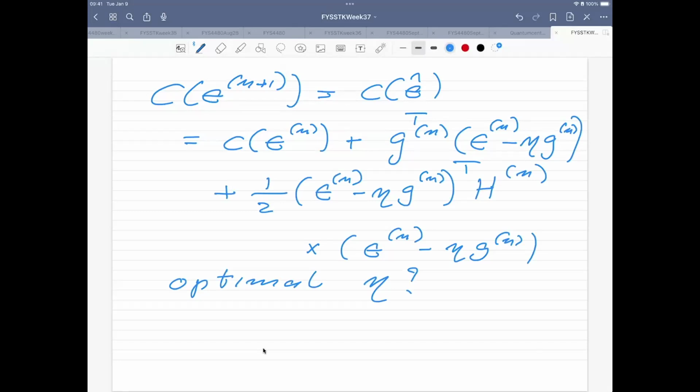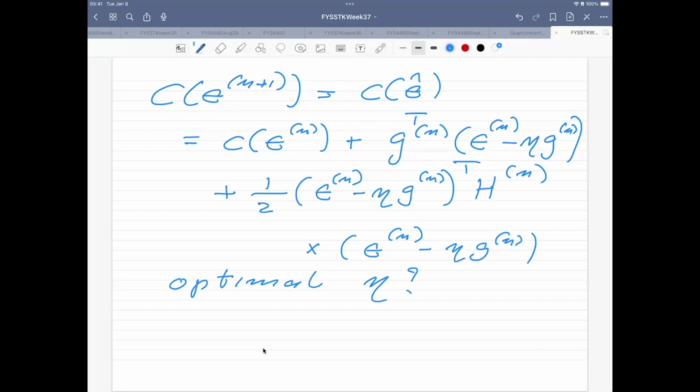Which function would you drive to 0, and how? Any good suggestions? So what if I take the derivative? Yeah, you have it. The derivative with respect to eta.